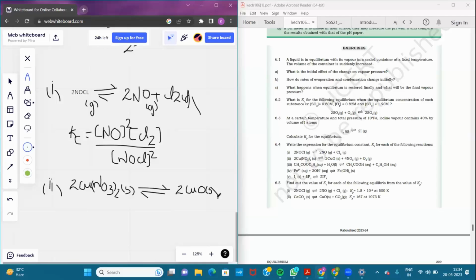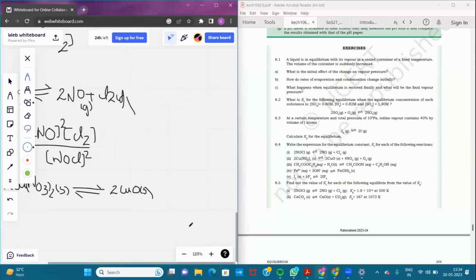As I mentioned earlier, we'll exclude the concentration of pure solids as well as pure liquids in the expression of the equilibrium constant.